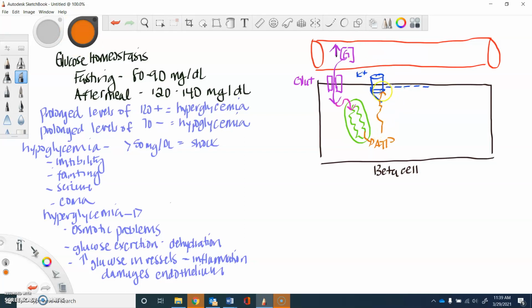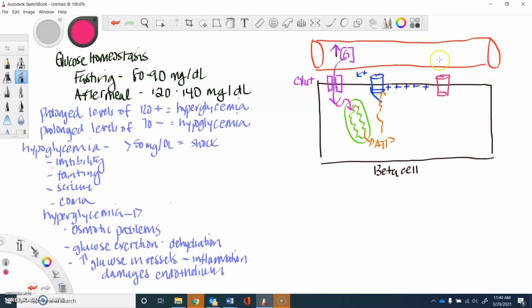This is a potassium ATP channel. So it closes that door, and what happens when the door closes? Less potassium is leaving the cell, so that's making the inside of the membrane more positive.